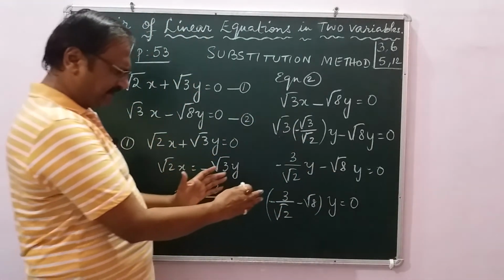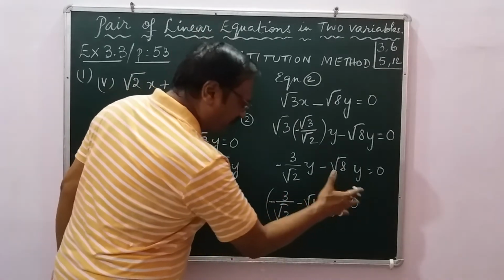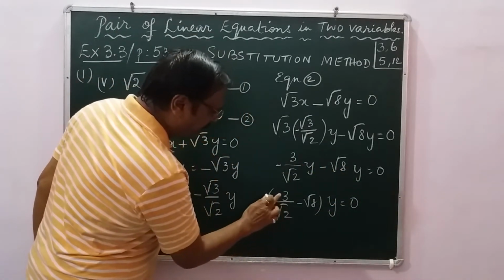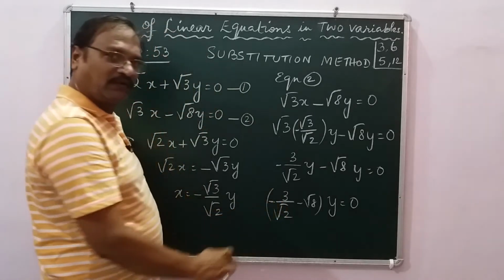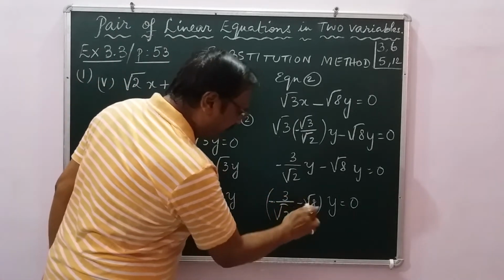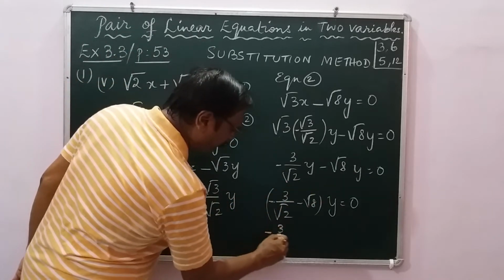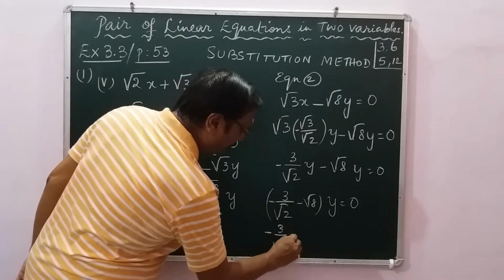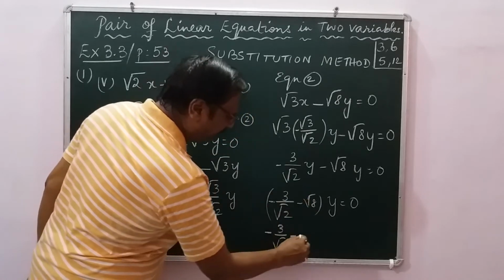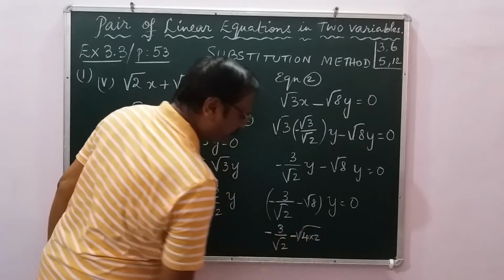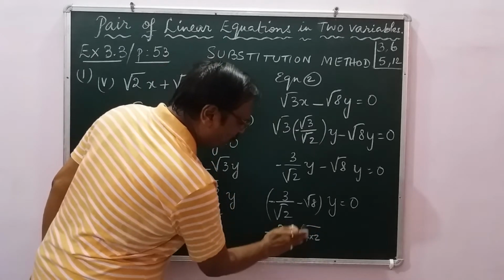Now, look at this. This is equal to 0. Now, tell me, this is some number, 3 divided by root 2 minus root 8. So, I can take one more step for you. Root 2 minus root 8 can be written as root 4 into 2, and root 4 is 2.